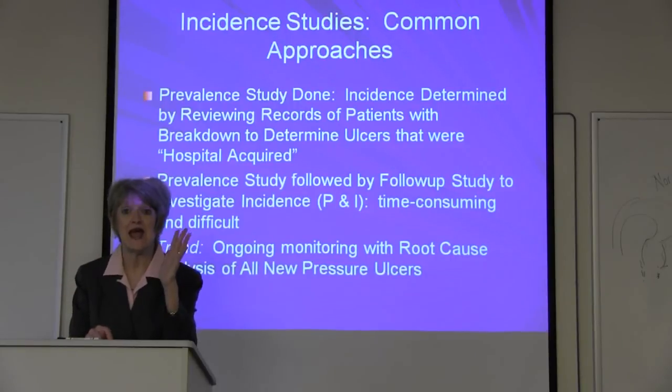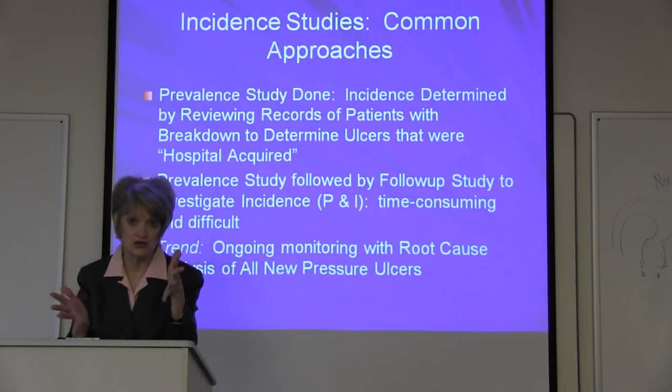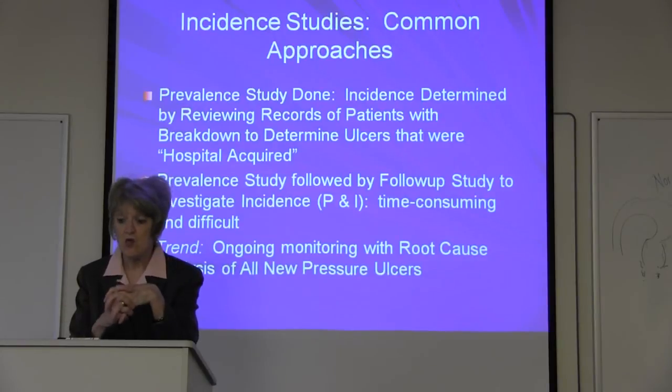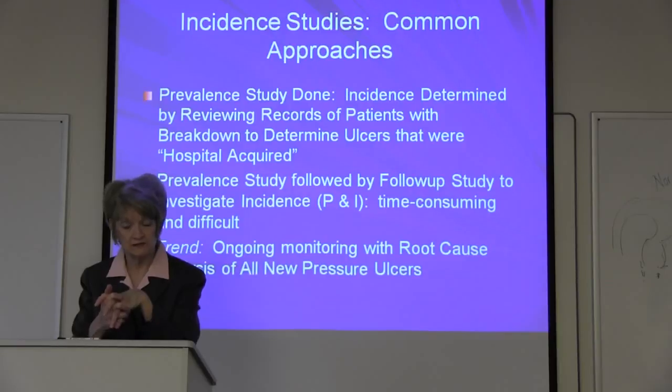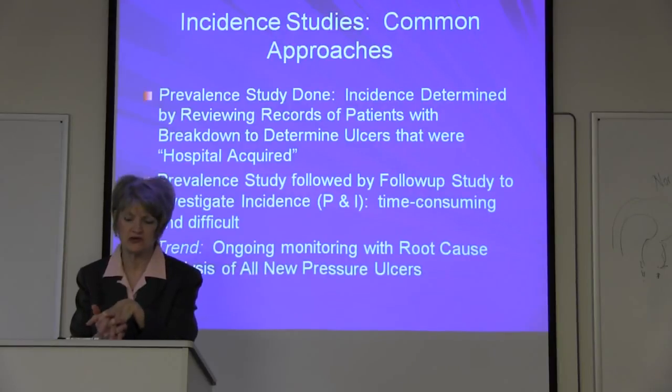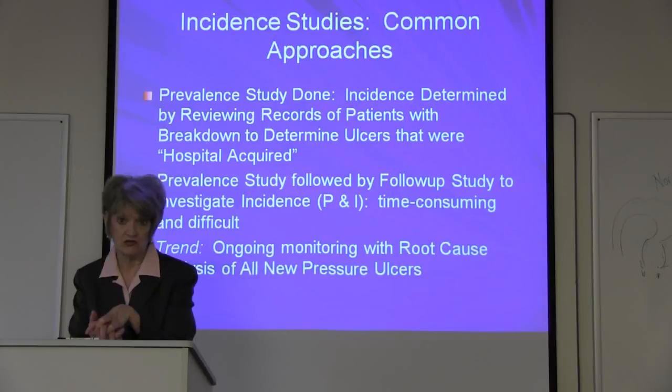And you can see how just that information allows you to do a lot of problem solving. What if I look back at the end of the month and I'm like, well, we had 10 new pressure ulcers this month. All of them were stage 1 or SDTI. None of them were open wounds. Okay, that part's good. But 8 of 10 occurred in the orthopedic unit, and they were all heel ulcers.